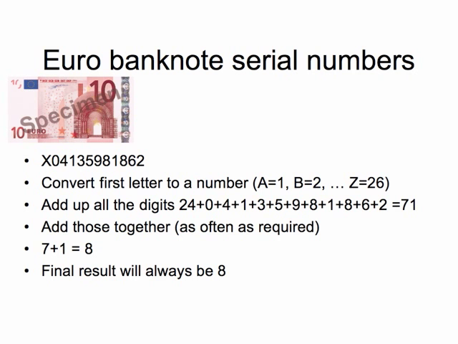So X, for example, will be converted to 24. So you add this number and all of the other numbers up, and then you add the digits together. And you keep adding the digits together until you only have one digit left. And that digit should be 8. If it's not 8, then the checksum wasn't correct.